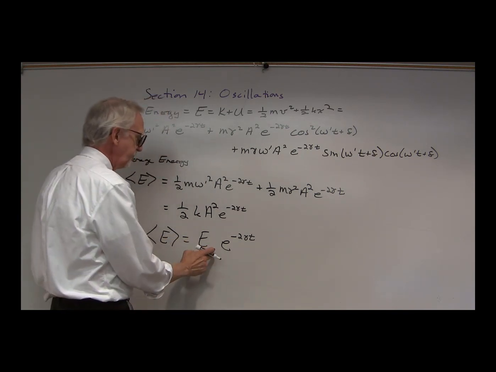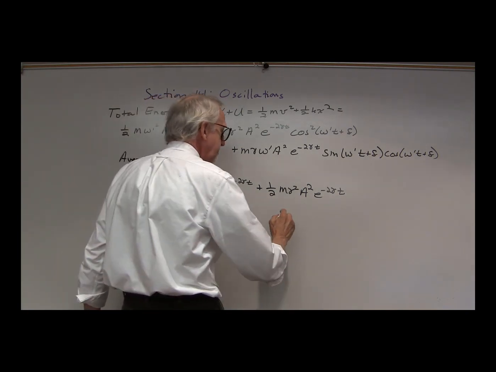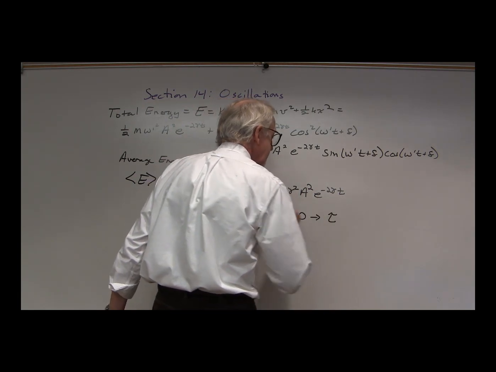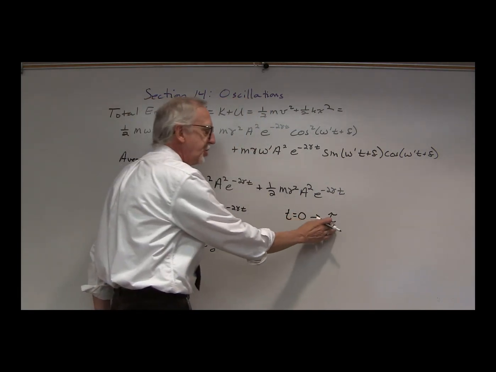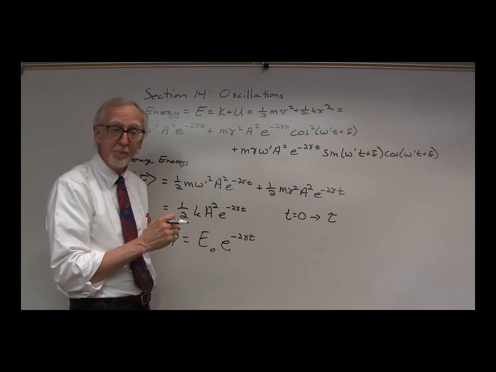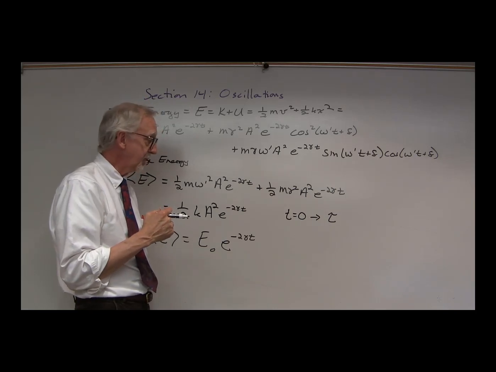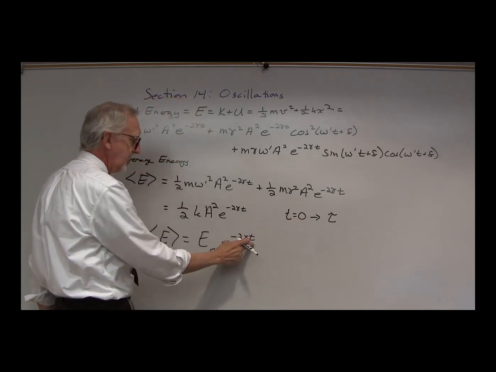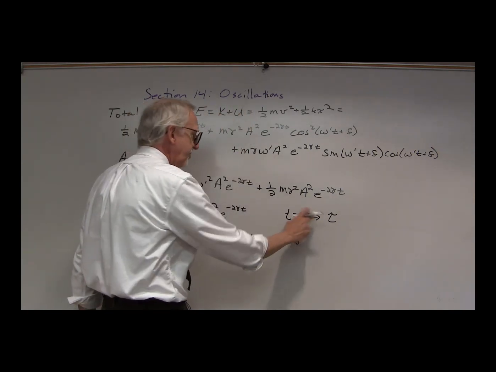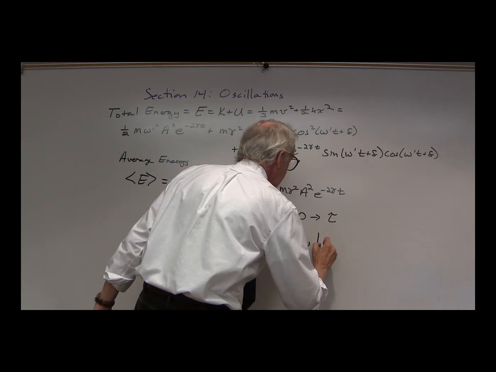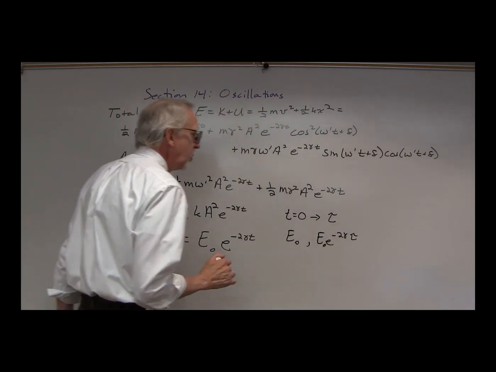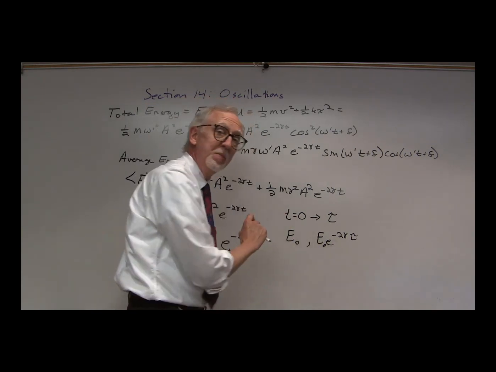Well, let's look at this. Let's imagine that we go from some time t equals 0 to a time tau, where we want to choose what is the tau so that the energy drops off by a factor of e. That would be what we would consider the damping time. Well, at t equals 0, we get an energy of E naught. At a time of tau, we get an energy of E naught e to the minus 2 gamma tau. We want the ratio of this to this value to be e.